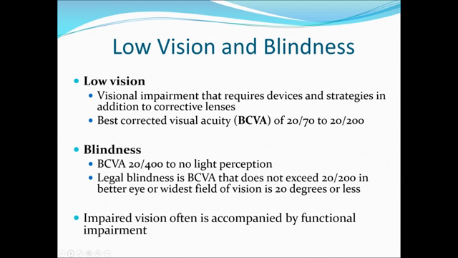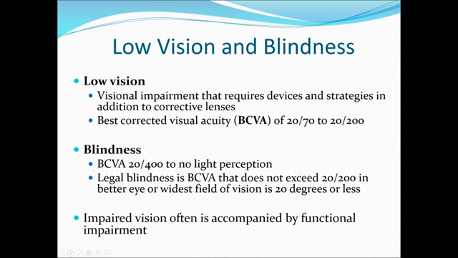In talking about low vision and blindness, low vision is considered visual impairment that requires devices and strategies in addition to corrective lenses. Someone like me is blind as a bat if you take my glasses away, but when you give me my glasses, I'm able to correct that and see and do perfectly fine.